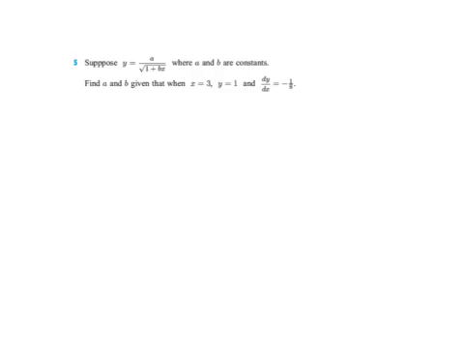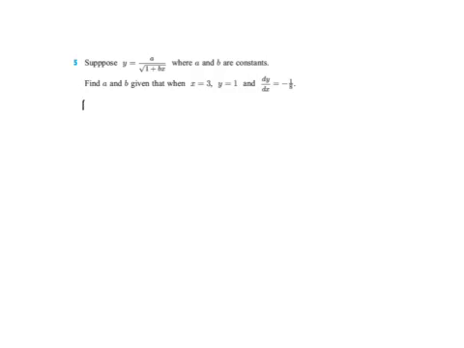Suppose y is equal to a over square root of 1 plus bx, where a and b are constants. Find a and b given that when x is equal to 3, y is equal to 1, and dy over dx is equal to negative 1 over 8. So here, let's plug in the values that we know. When x is 3, y is equal to 1.